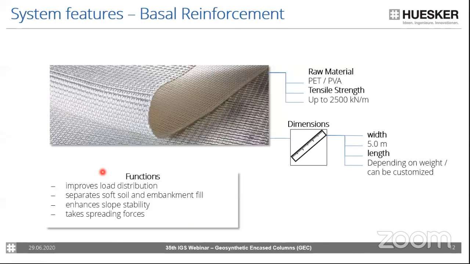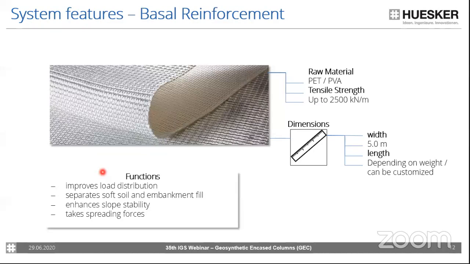The second part of the system, besides the column, is the basal reinforcement. So this lays in the working platform or in the load distribution platform on top of the column heads. And this is a high strength woven typically, which can be also produced from polyester or from PVA. In general, it can be produced up to 2,500 kilonewtons per meter.